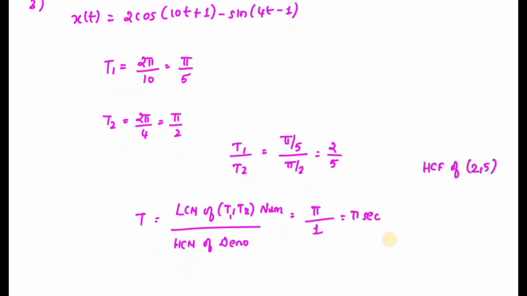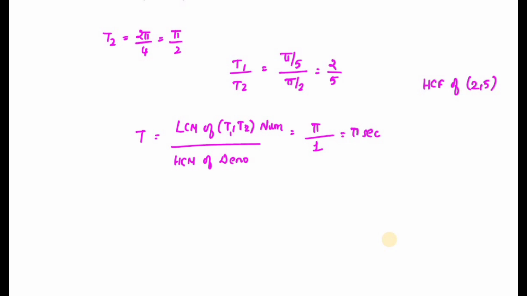Okay. So let us now come to another problem. x of t is equal to cos 60πt plus sin 50πt.